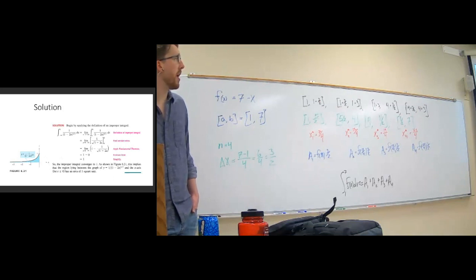Then we apply our bounds. Then we apply our limit. And then we simplify. Hey, we got a nice number. This integral converges. And it converges so that it has an area of 1 square unit. That in and of itself is bizarre.